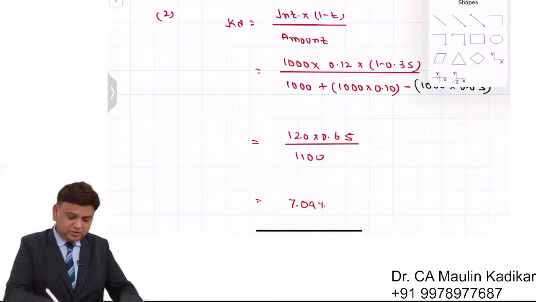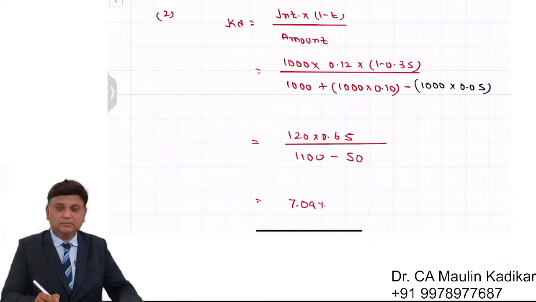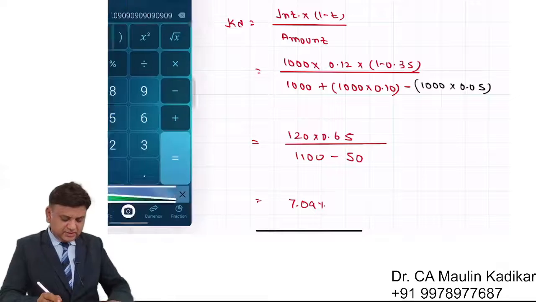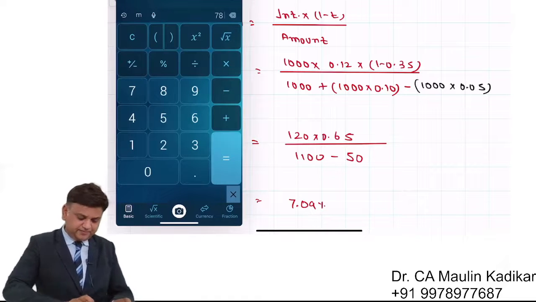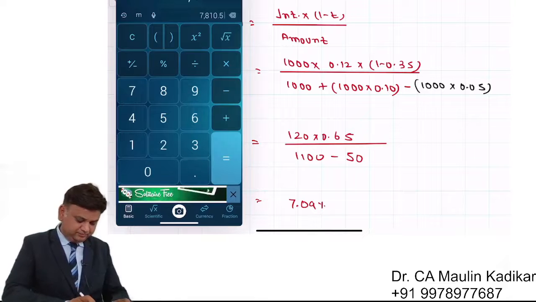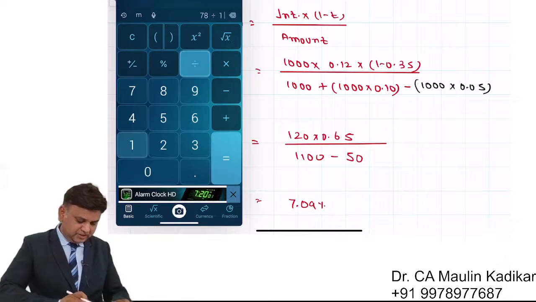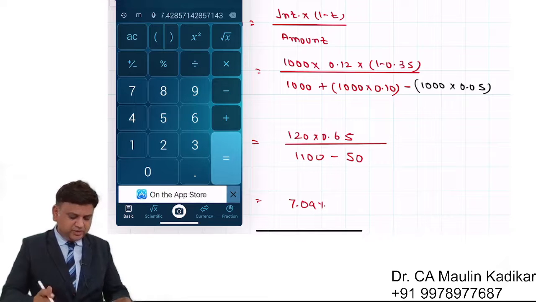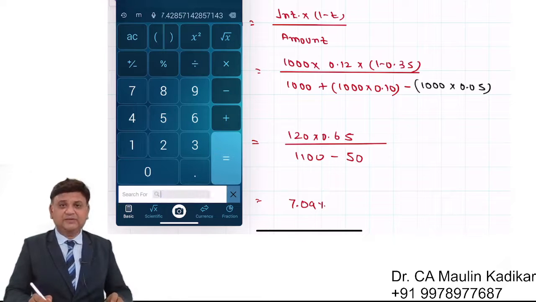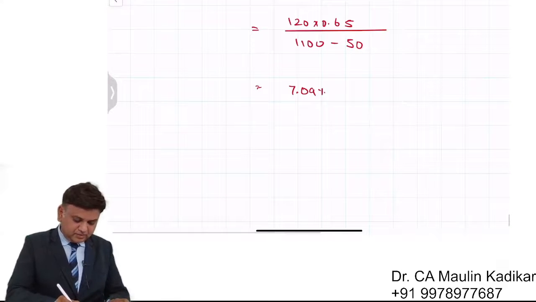So what will happen, dear students, over here, it is 1100 minus 50. So it is 78 once again divided by 1050, that comes to 7.43 percentage. This is the way we make the computation of the answer.